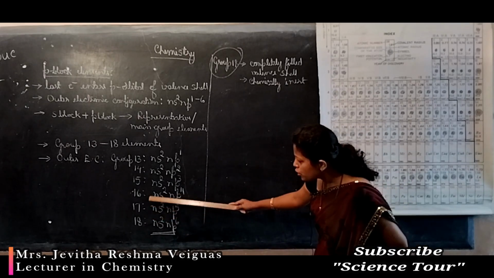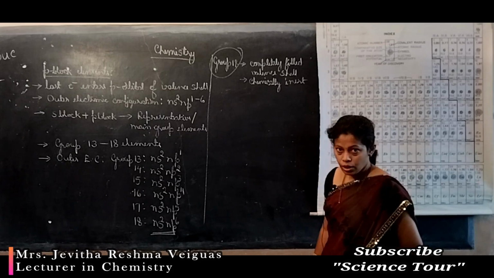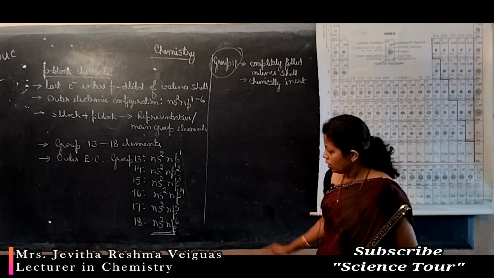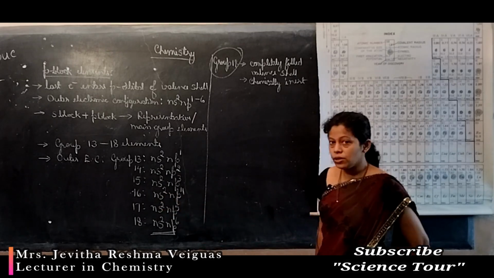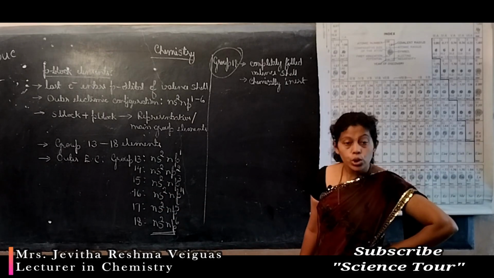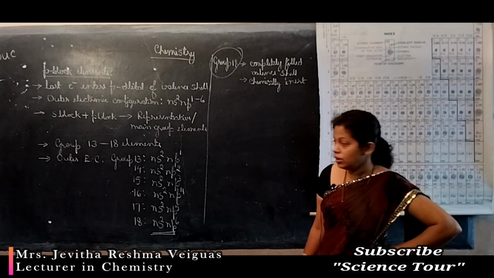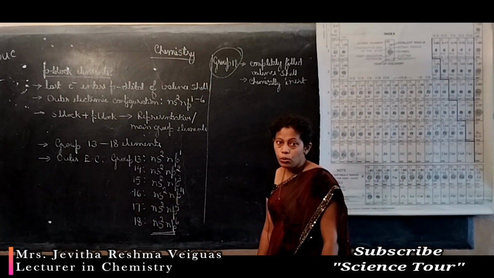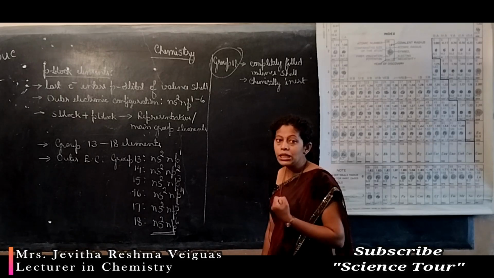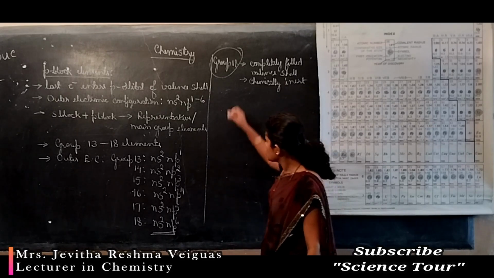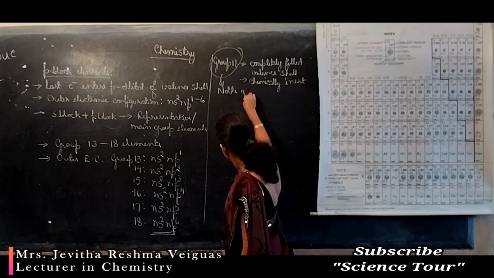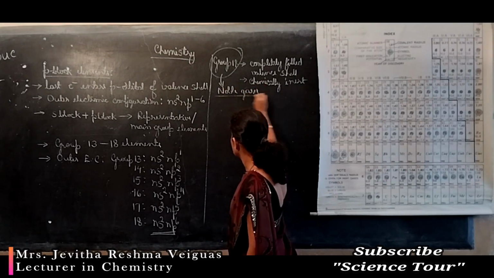Now look at the previous two groups, group 16 and 17. Group 17 needs 1 electron to have a completely filled shell. Group 16 requires 2 electrons to obtain a completely filled valence shell. These group 18 elements are also called noble gases. They have completely filled shells.